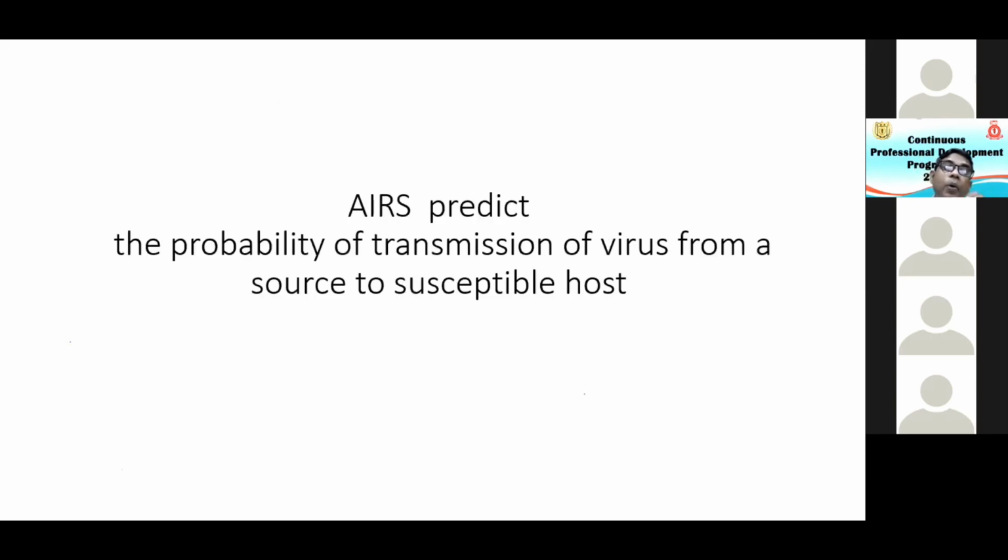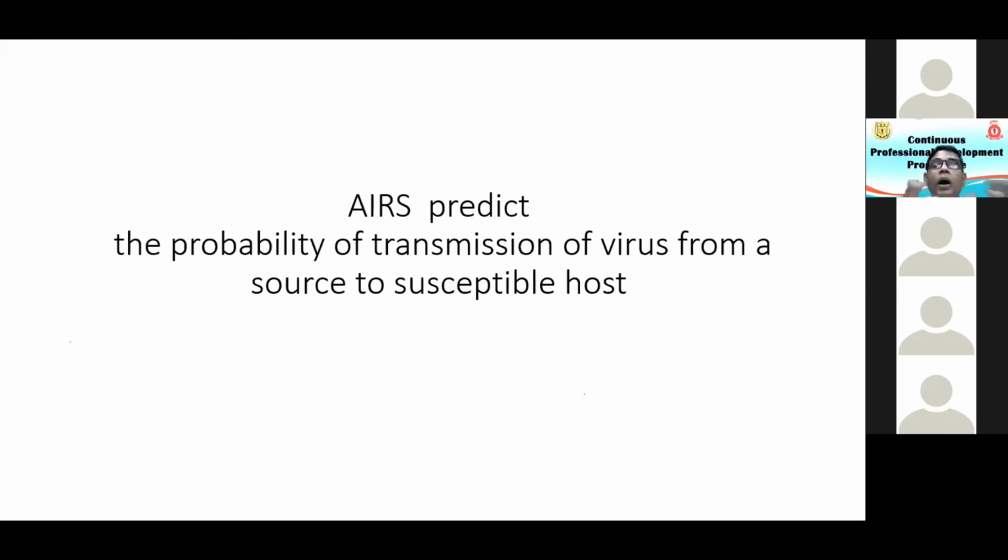The airborne infection risk score predicts the probability of transmission of virus from source to a susceptible host. A high airborne infection risk score will increase the transmission of the disease, and a low risk score reduces it. So as professionals, we have to take measures to reduce airborne contact production and also reduce the airborne infection risk score.